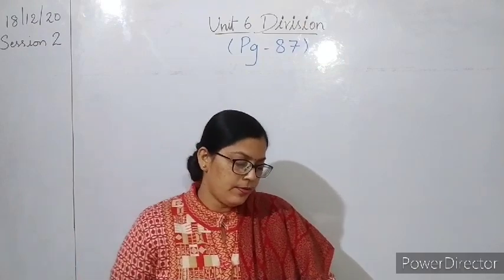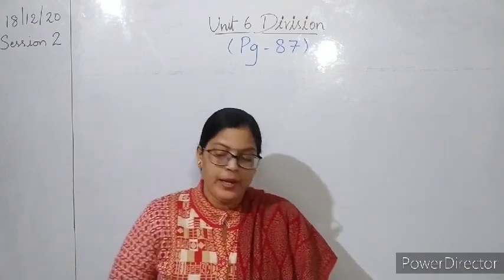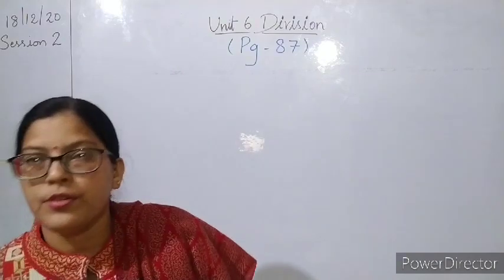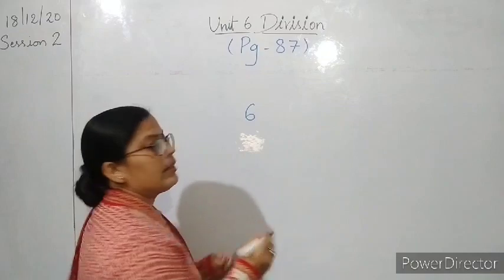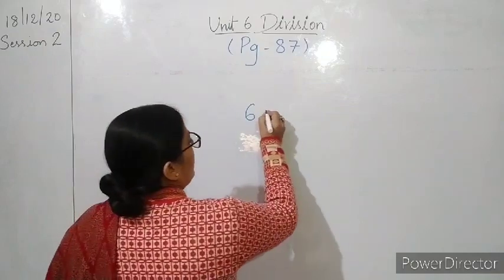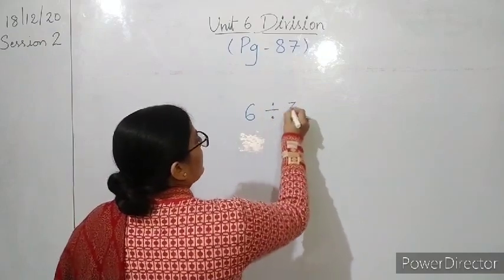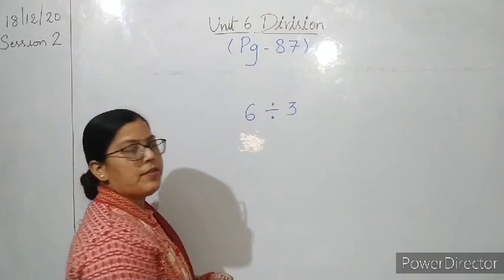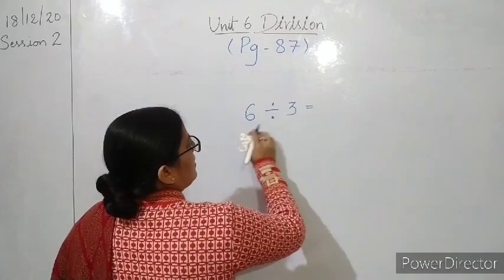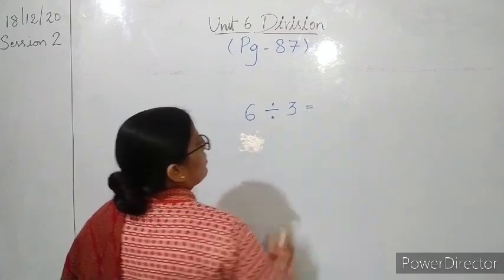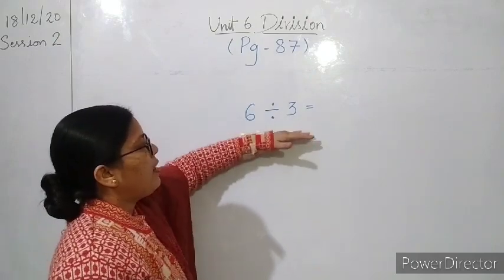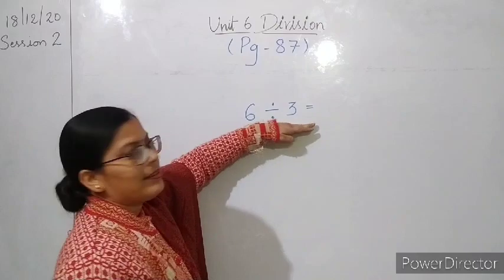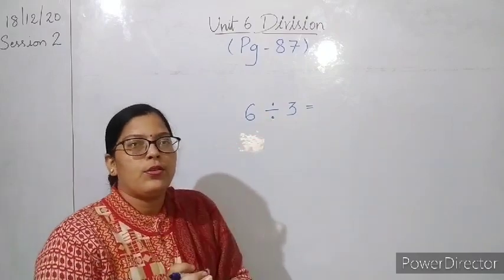Here the first one is done for you. Now how do we write this division fact? Suppose 6 is the dividend, the number which we have to divide, by 3. 3 is the divisor. And 6 divided by 3 is what? What is the quotient? To find the answer directly, you should know tables.